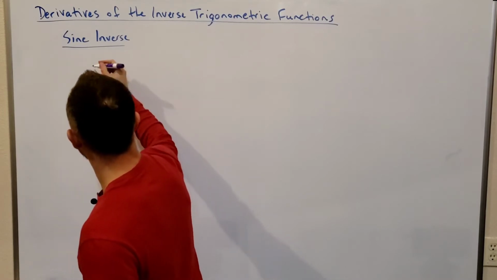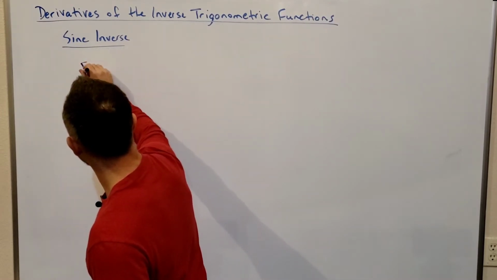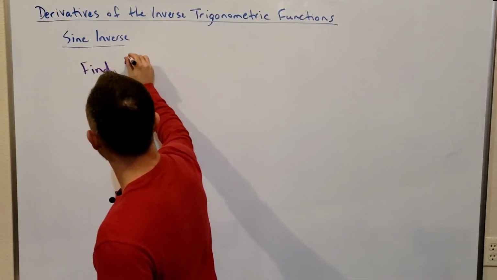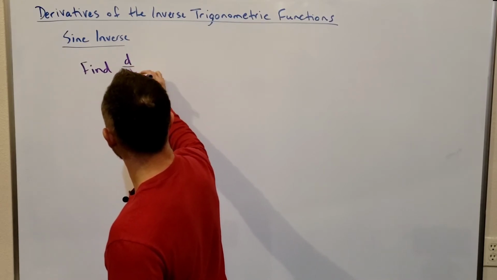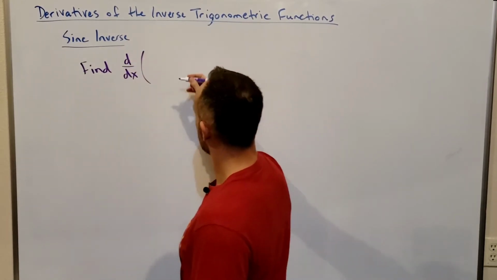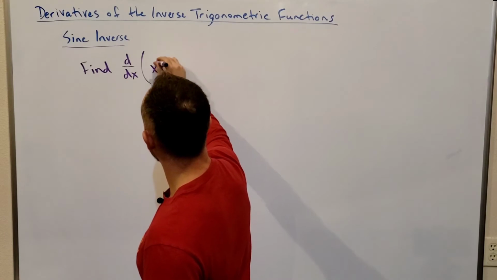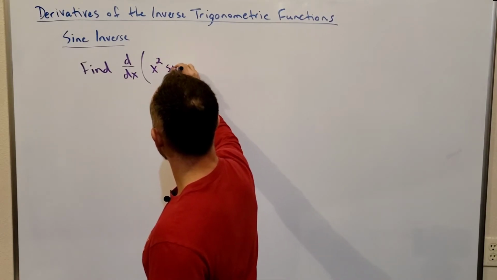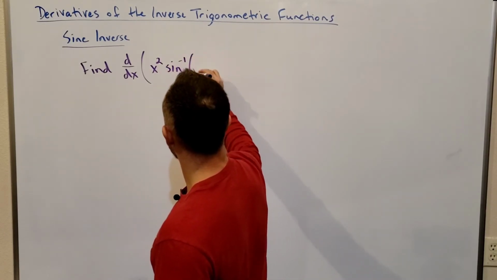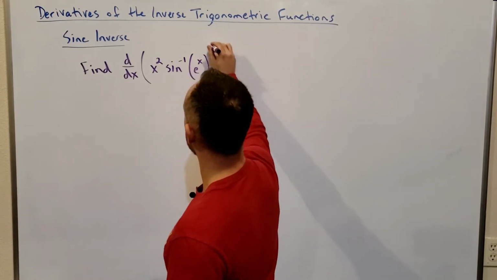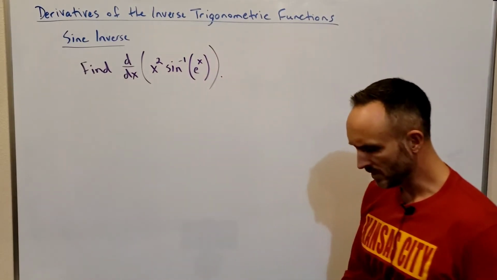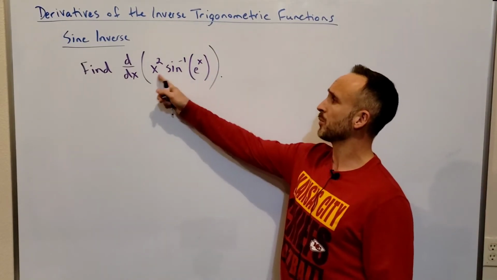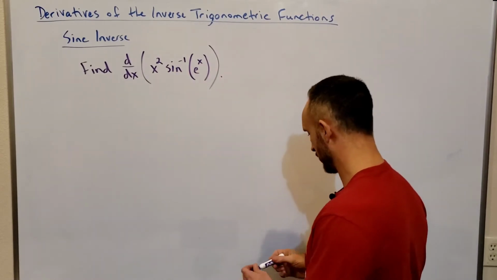So let's say, find the derivative with respect to x of, how about x squared times sine inverse of e to the x. Okay? So here we have a product, so we have to use the product rule.